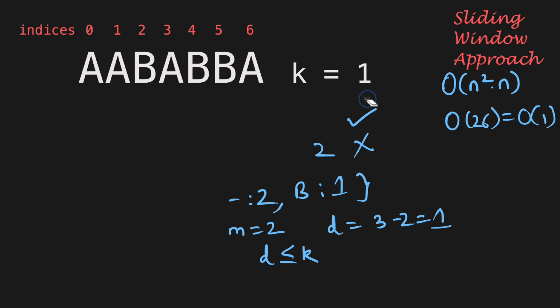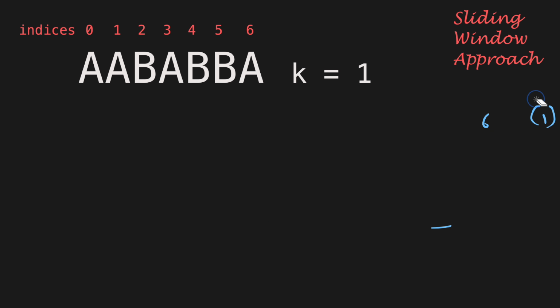And now that we have understood the naive approach, let's think about whether generating all possible substrings is really necessary. For example, suppose we are processing this substring with k equal to 1. Now this substring is invalid because it has 3 A's and 2 B's, and out of these 2 B's, say we replace this B with A, but the second B cannot be replaced as we have already used the one replacement allowed by k, and so the substring cannot be made homogeneous.